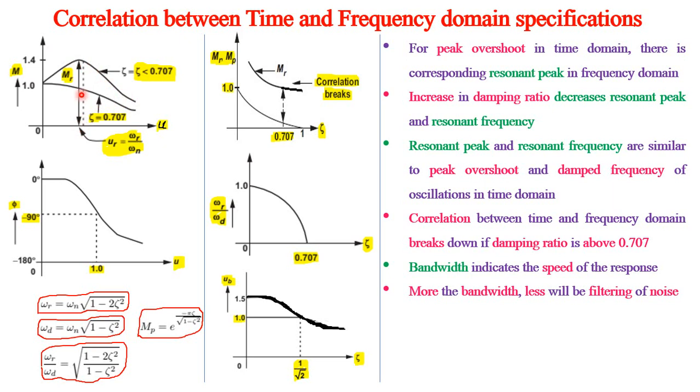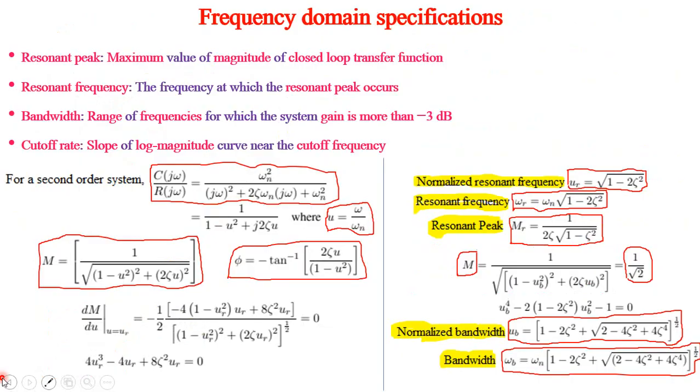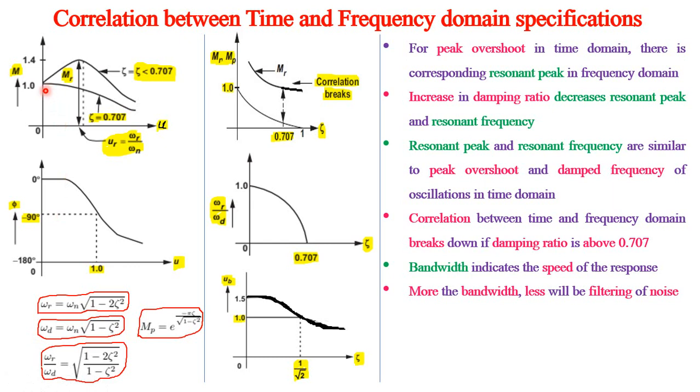Here you get the resonance at the resonant frequency omega r by omega n when the damping ratio is less than 0.707. When the damping ratio is exactly 0.707, we get the curve like this.